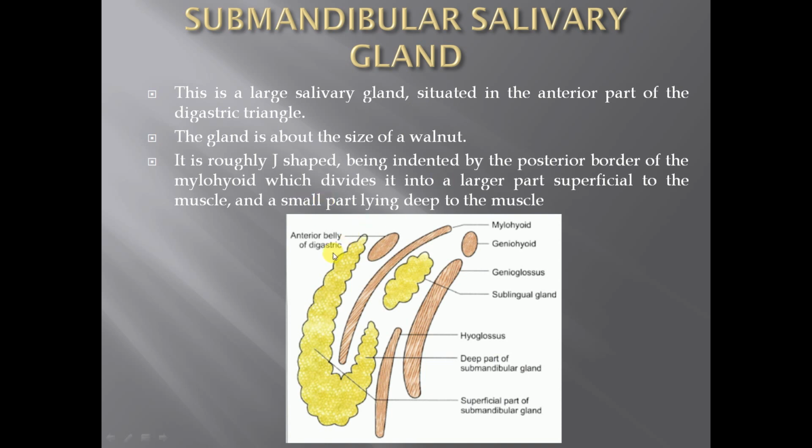This gland is situated in the anterior part of the digastric triangle. The gland is about the size of a walnut and is J-shaped, divided into a larger superficial part and a smaller deep part. So basically the submandibular gland is the size of a walnut, situated in the anterior part of the digastric triangle, and comprises a large superficial part and a small deep part.